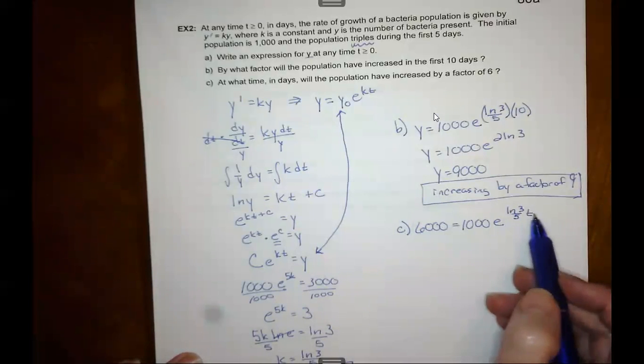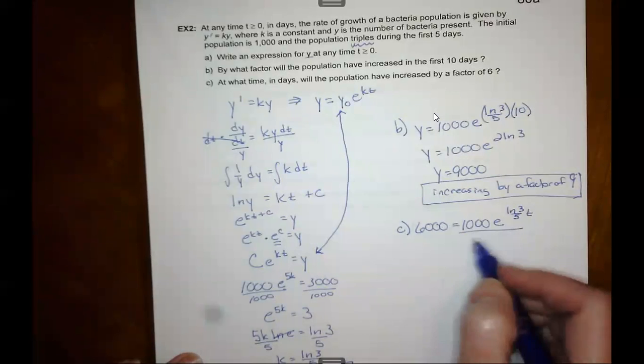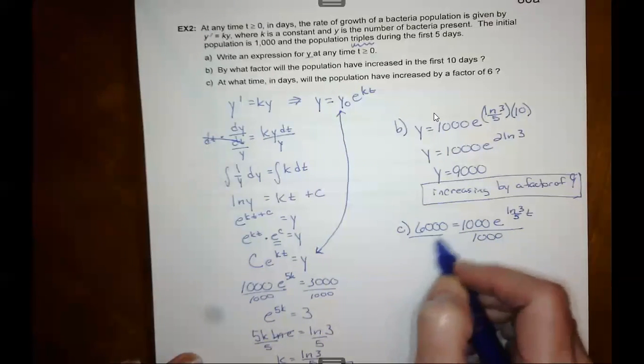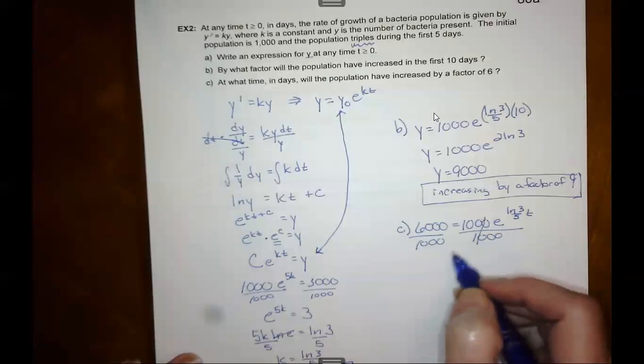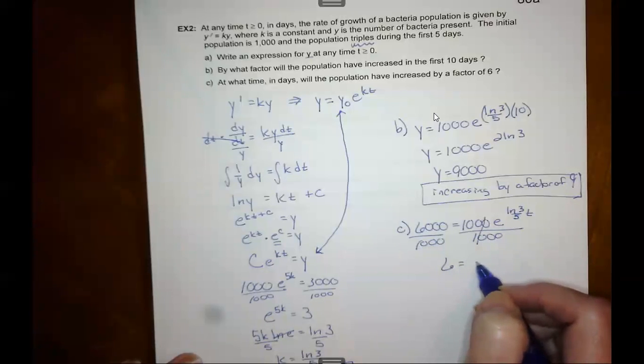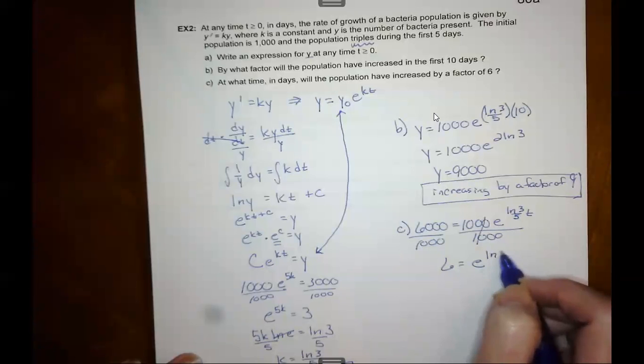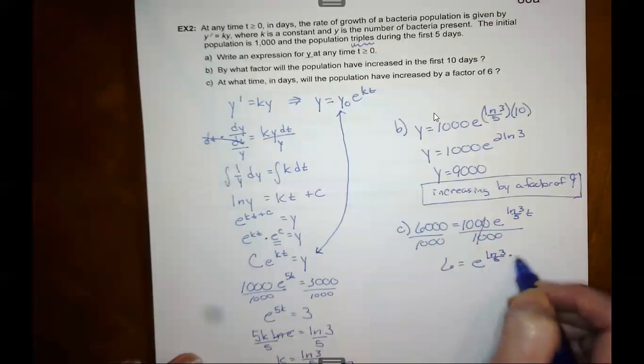So t is in our exponent, and it's going to involve some logarithms. Our 1,000 will divide out. We have 6 equals e to the ln 3 over 5 times t power.